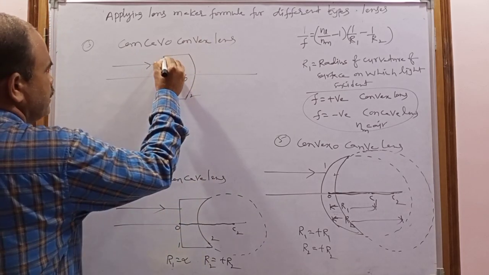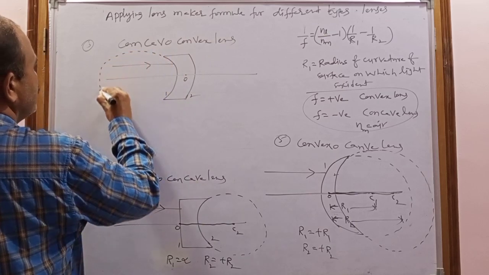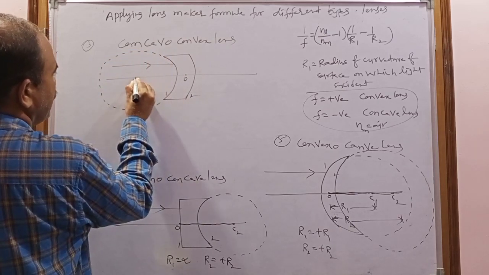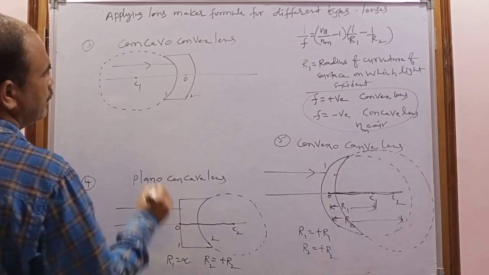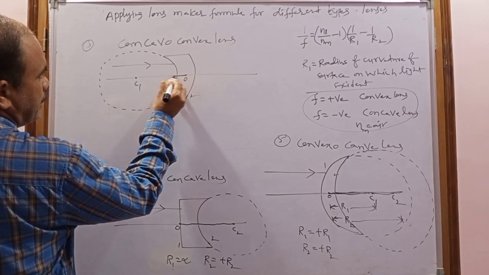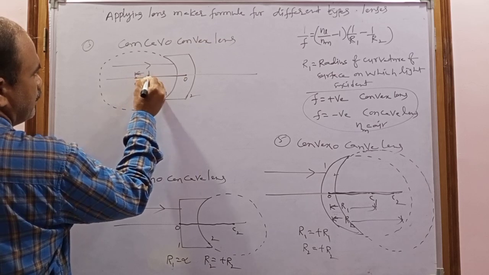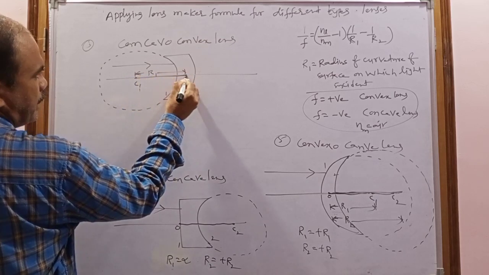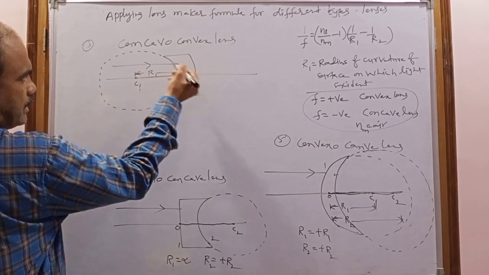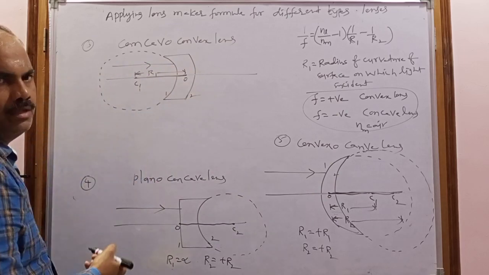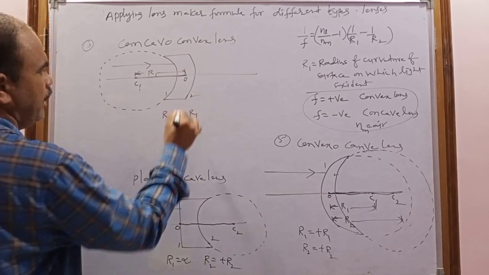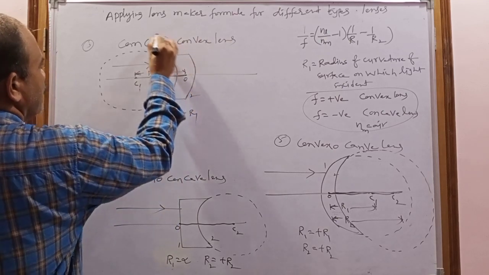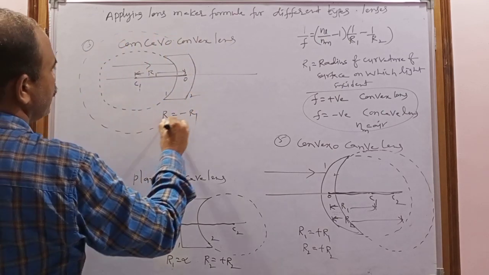By taking the first surface, when you draw the sphere, the center of the sphere is C1. The distance between the optic center and C1 is called R1. To measure R1, in which direction are you moving? Opposite to the incident ray, that's why R1 is minus R1.